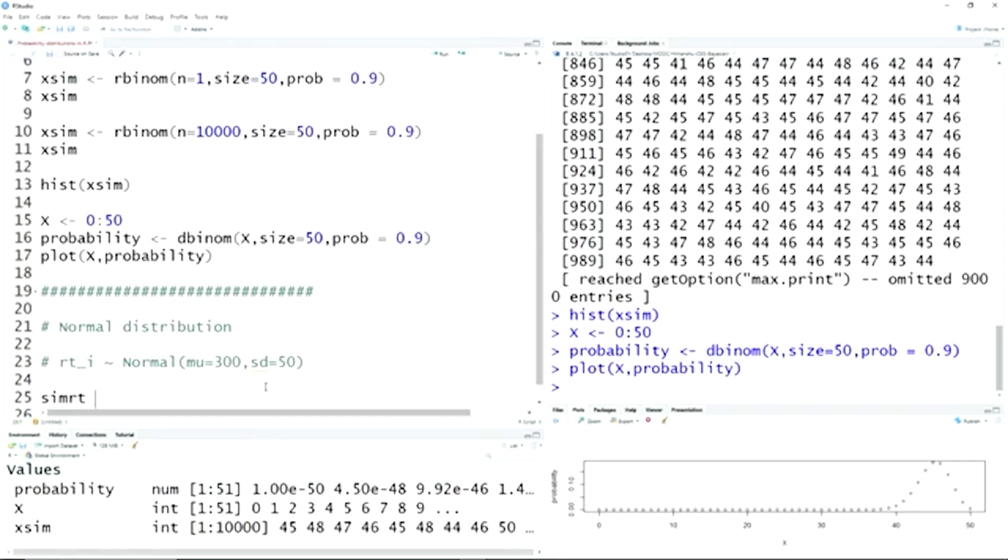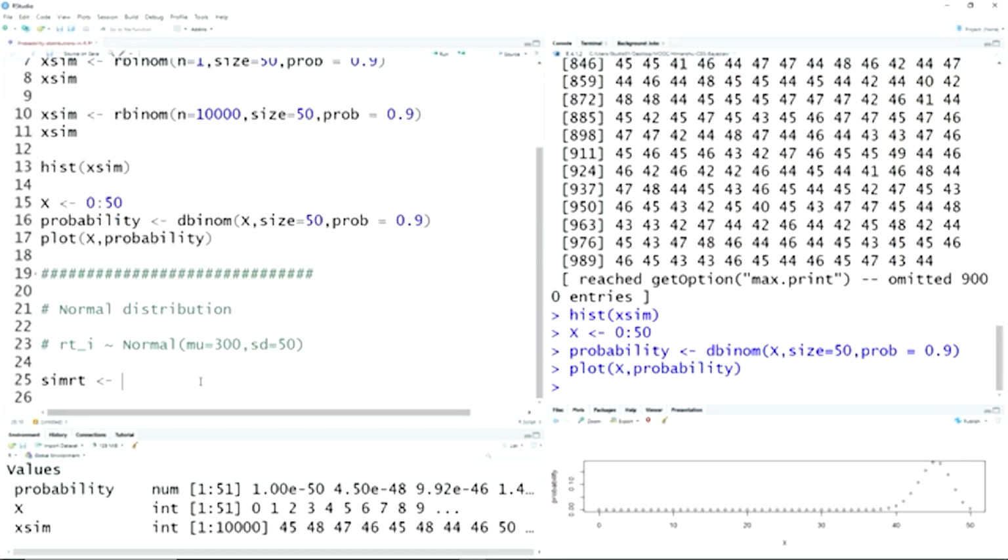Let me call it sim RT, so simulated reading times or reaction times, whatever. It's a human experiment, so you are recording, let's say, reaction time or reading time, doesn't matter. The function that you use to generate from a normal distribution is r norm. In the r norm function, the first thing you give is the number of observations that you want.